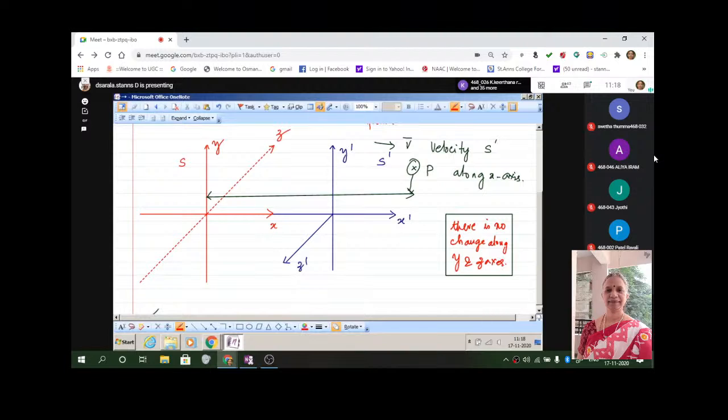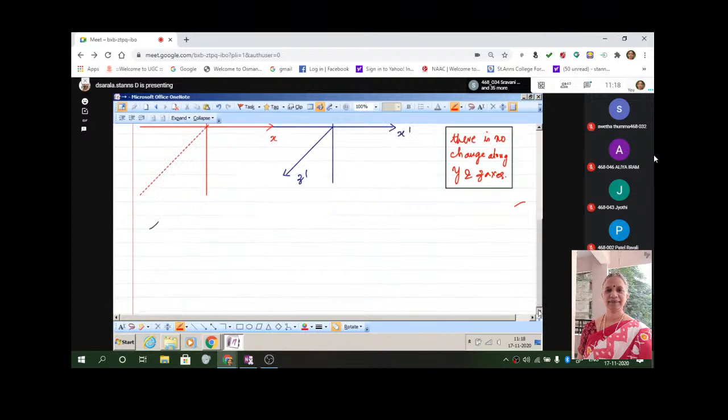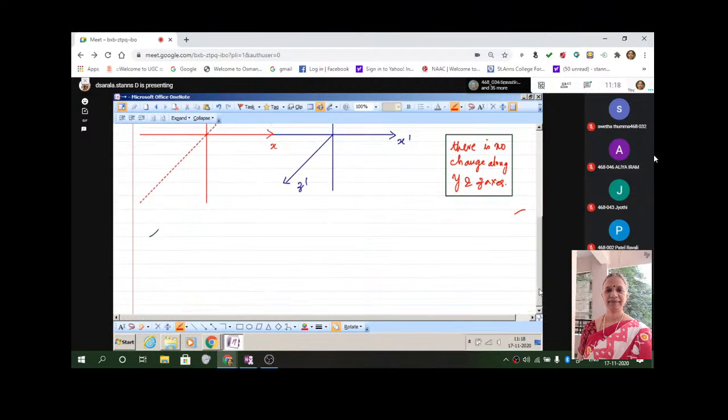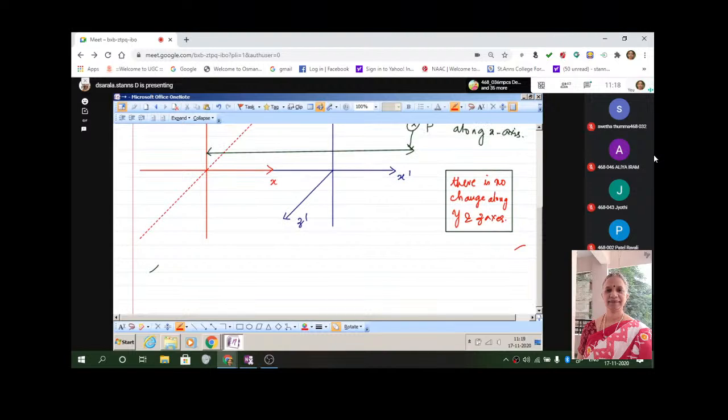It's moving only along the x direction. Fine. Then, if this is your x dash, it is moving with what velocity? It is moving with the velocity v.